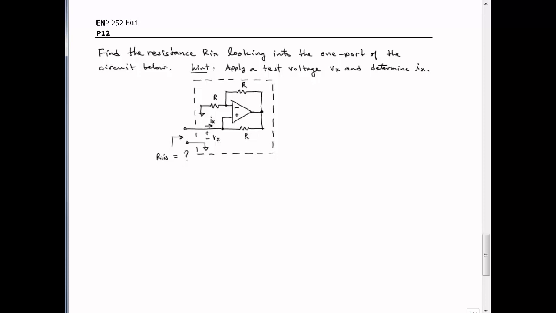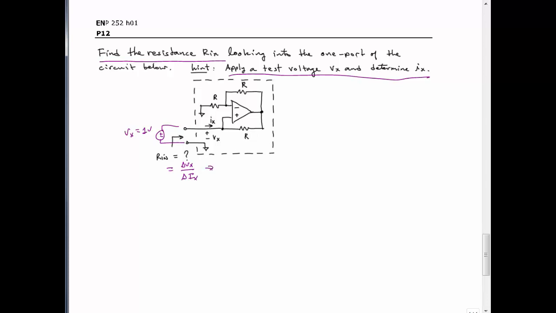What you need to do, it tells you the hint here, is apply a test voltage Vx at this input here. So if I put a voltage right here and I say Vx, let's say it's 1 volt, you can leave it as Vx or you can apply 1 volt. And then you actually find Ix. By doing that, we can say that the resistance looking in is going to be equal to Vx, or a change in Vx, divided by a change in Ix.